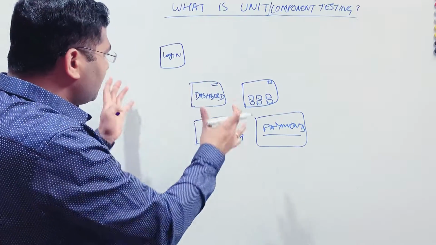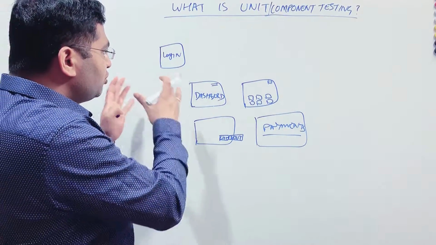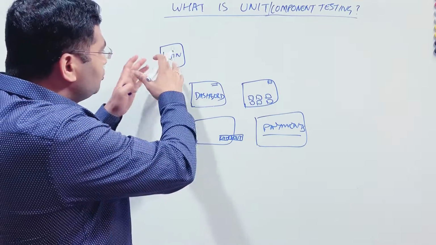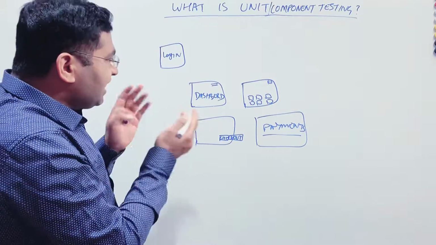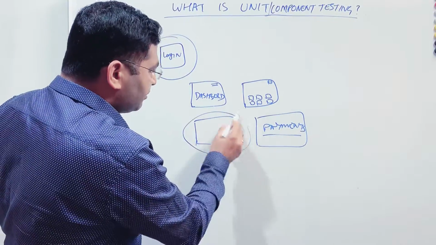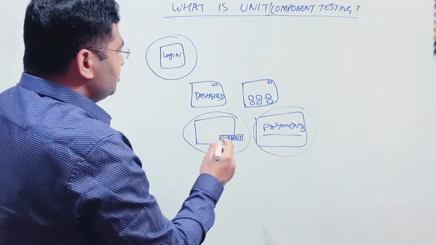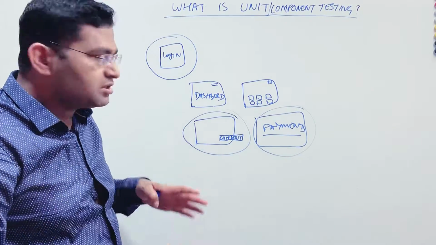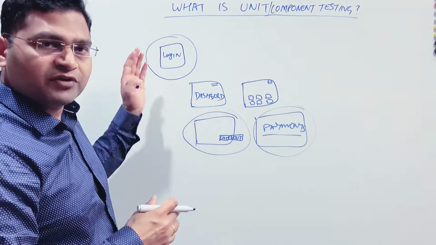So this is how you can think about the high level components or units. But actually, if you try to break down even the login page or the checkout or the payments, you can still drill down a lot in terms of units or components in these functionalities.